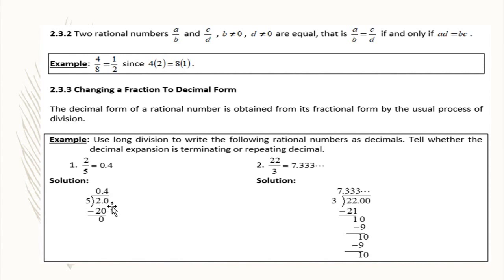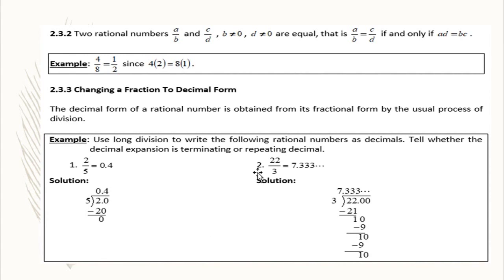Now 20 can be divided by 5, giving 4. Since 4 times 5 is 20, 20 minus 20 is 0. So 2 divided by 5 is equal to 0.4. That is how we change a fraction to decimal.